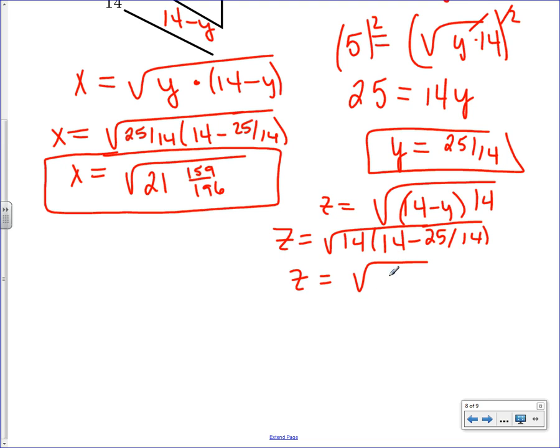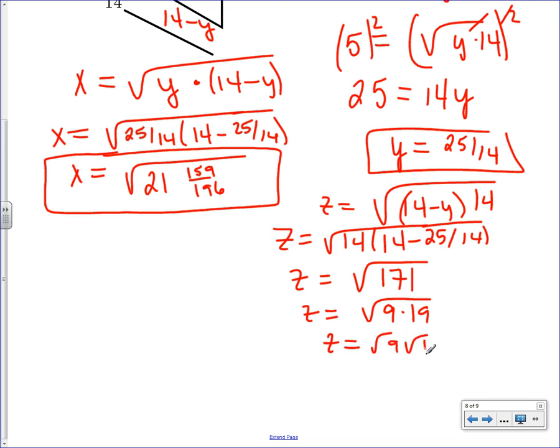What do you get? Square root of what? 171. So pretty okay there? And then we have to simplify it if possible. So 4, 9, 16, 25. What goes into 171 evenly? 9, 9 and 19. 9's a perfect square.